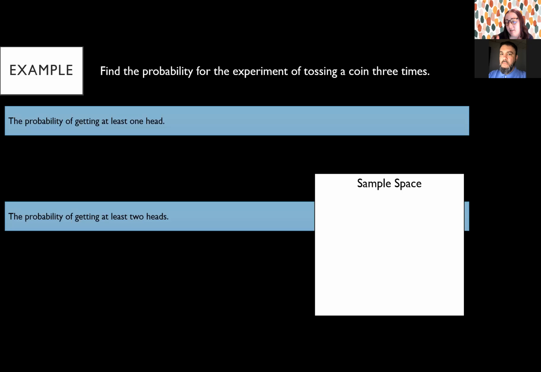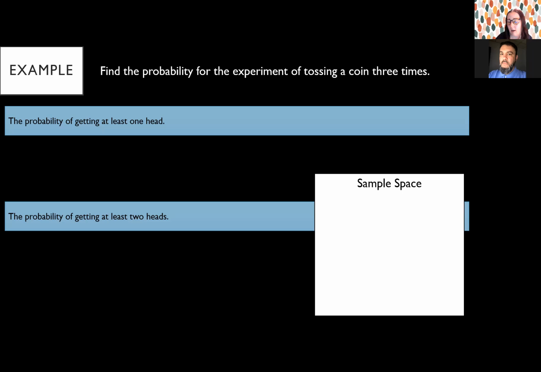So I've got 3 different examples to demonstrate using this concept of the complement. The first one here, we want to find the probability for the experiment of tossing a coin 3 times. If you're tossing a coin 3 times, order in this case matters.